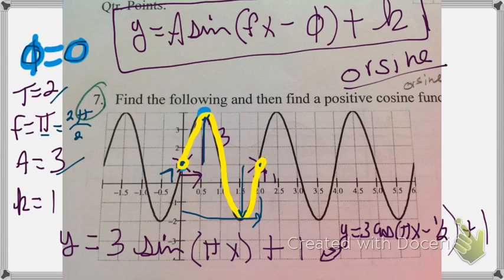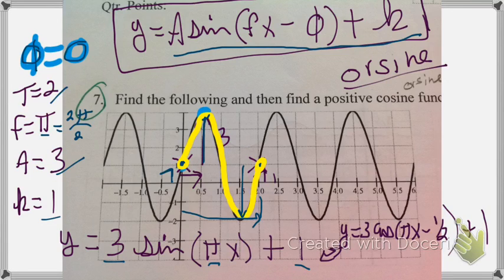It's shifted up 1 unit, so that k value is 1.